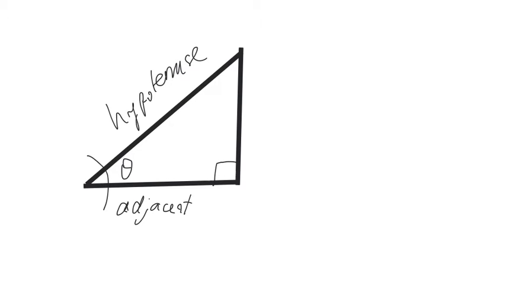Okay, adjacent is a fancy name for next to or near to, so that's why we call that the adjacent side. That's an N there. I don't know if you can tell. Okay, adjacent side. The remaining side, the one farthest from the angle, is called the opposite side.